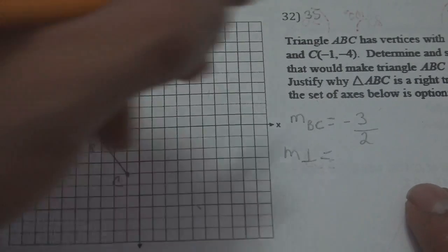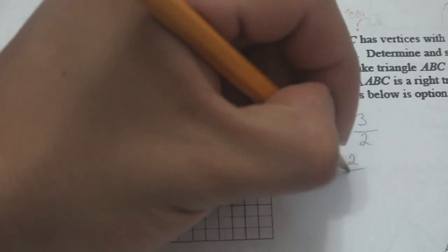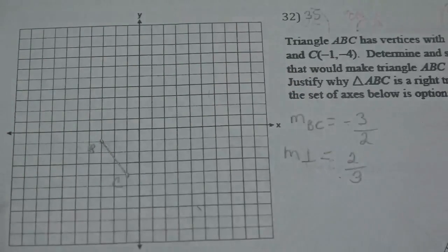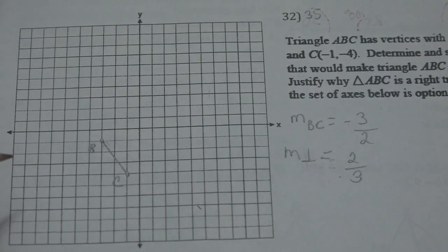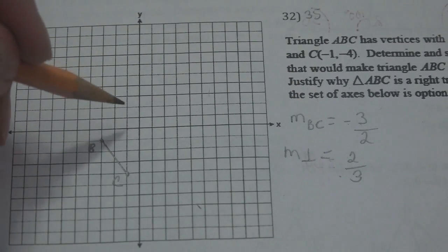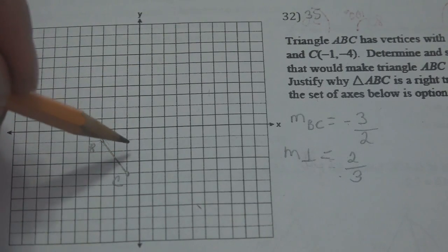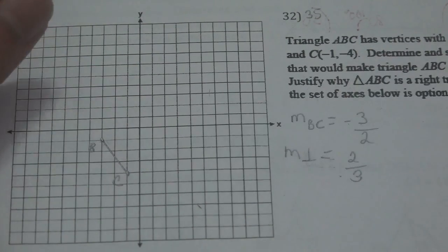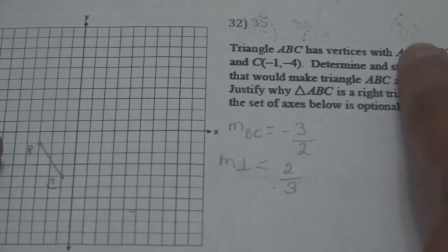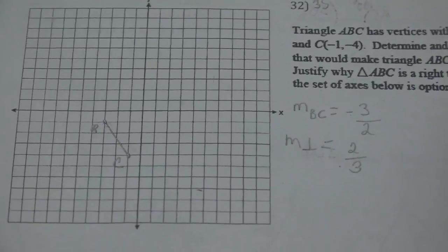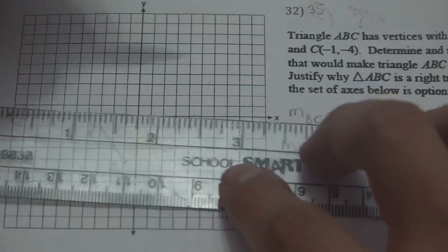If this is negative 3 over 2, then this one will be positive 2 over 3. The whole thing is negative, so this becomes positive. So now, all I have to do is move in that direction until I get, remember the coordinates of A are x, 3.